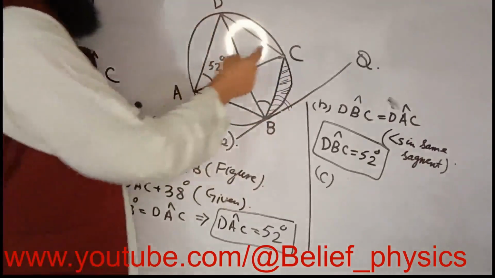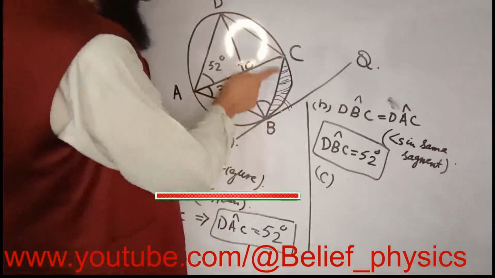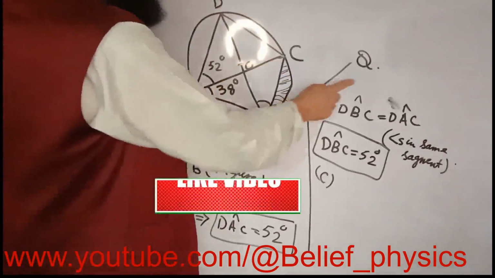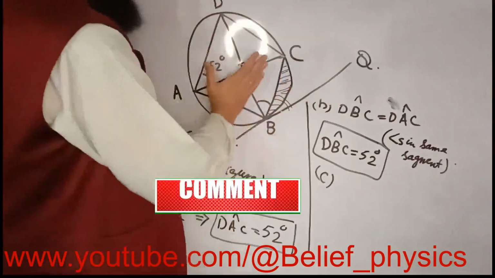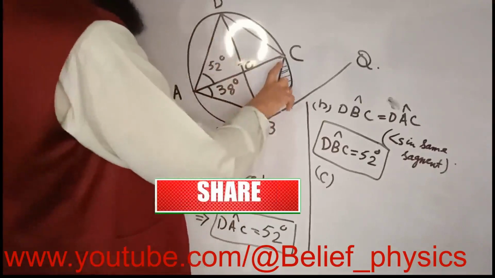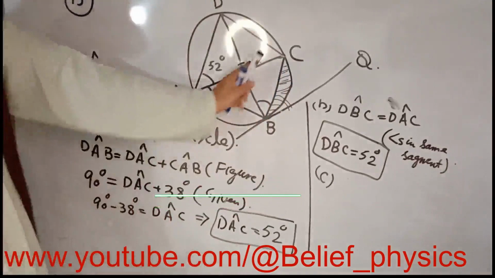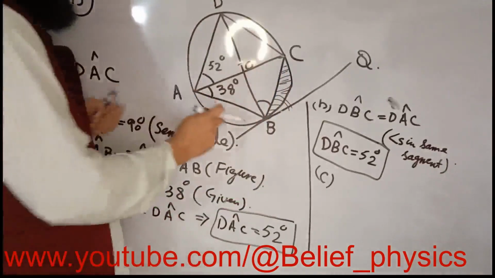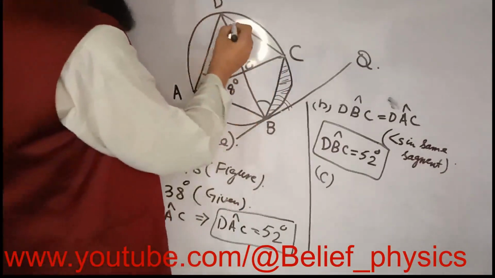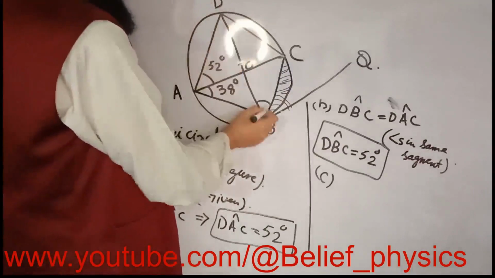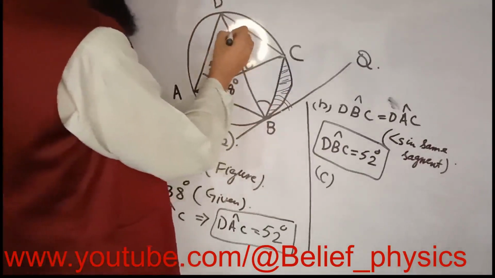So here CBQ is the angle made by the CB arc with the tangent at B. Therefore any angle subtended by CB in this segment will be equal to CBQ. CB is this arc, and it makes this angle, so this angle is also equal to CBQ.